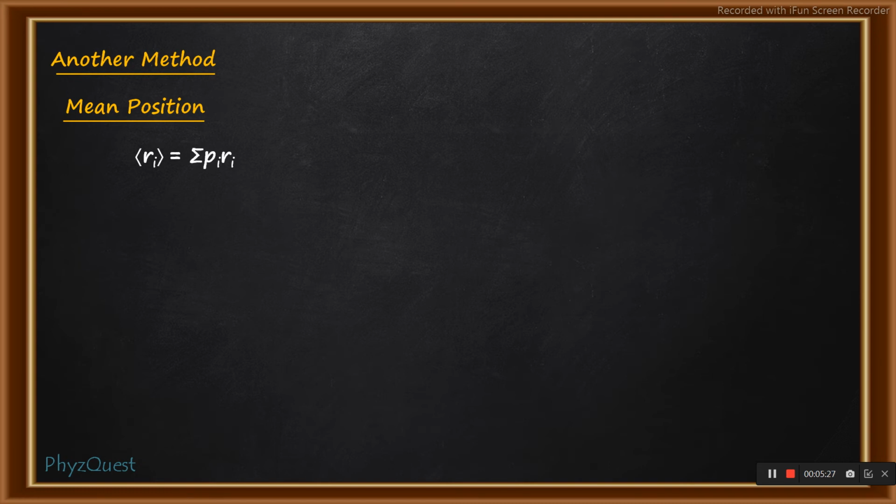Here Pi indicates the probability associated with that position along that axis. Ri is the distance covered in that particular direction, and Pi is the probability associated with that distance along that axis. We just have to put the respective probability value along with the distance covered in that direction.